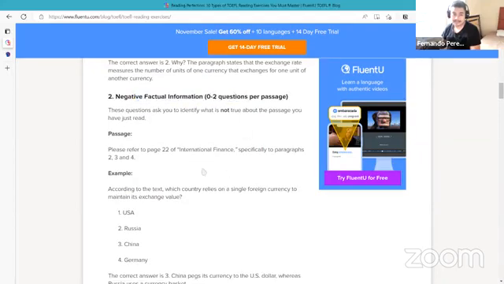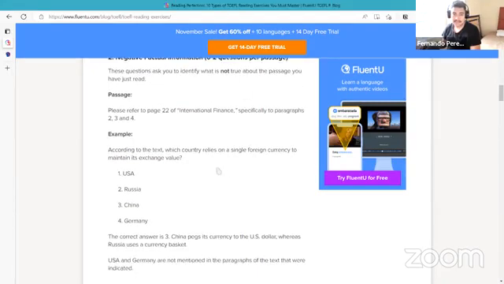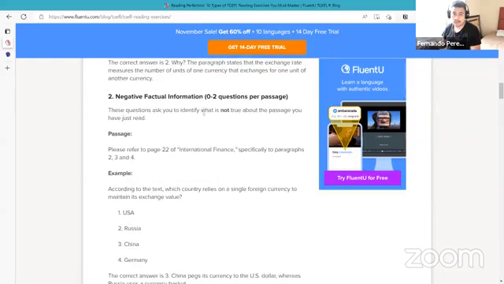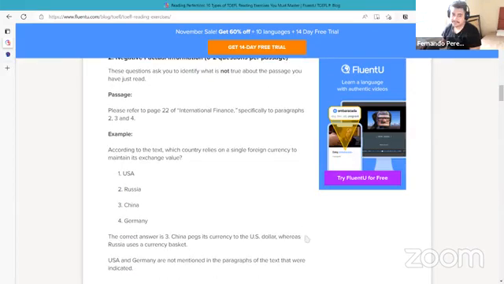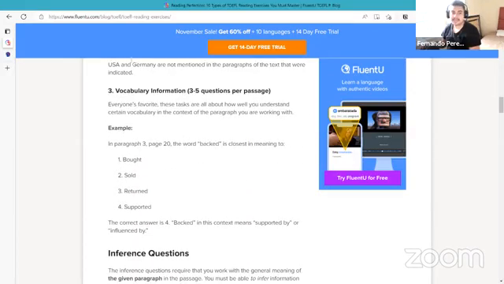Negative factual information. It says over here, for example, which one is not true about the passage, and you gotta read carefully. No, what is true and what is not true. And coming to the last one, vocabulary information, right?